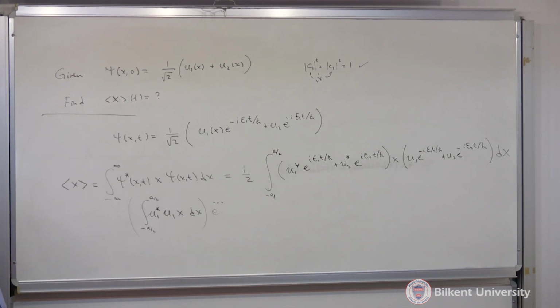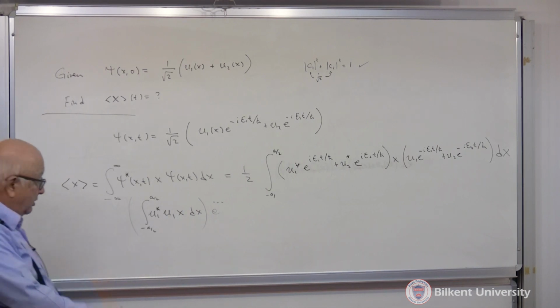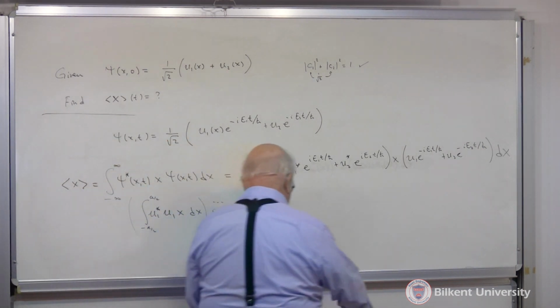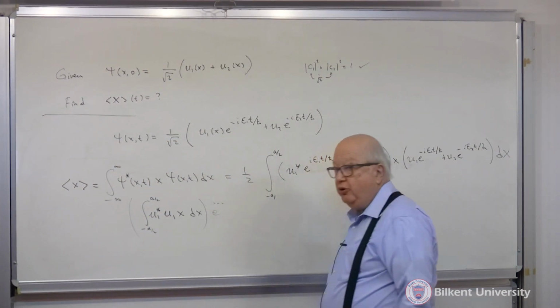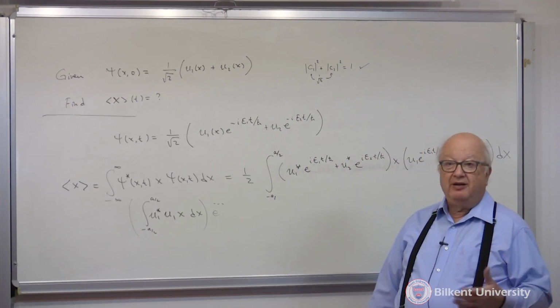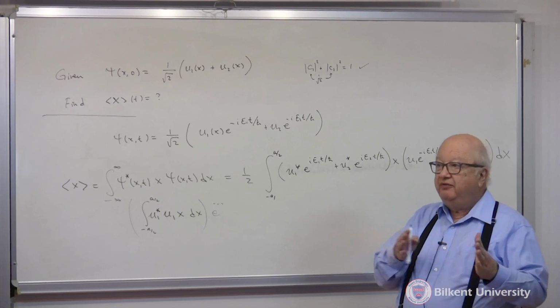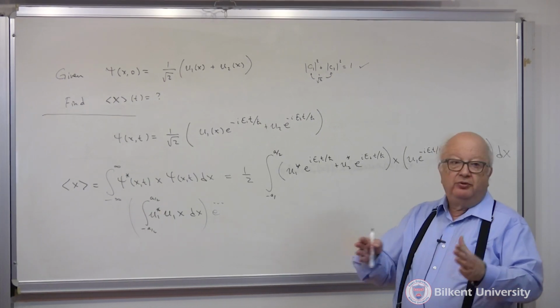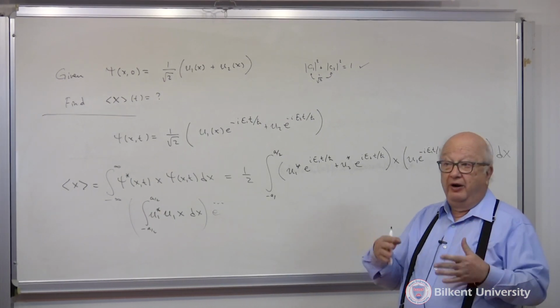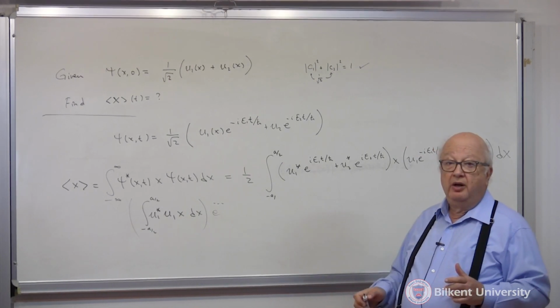Expectation of x for the first state. It's 0, right? Because I have chosen my origin to be at 0, which makes my life a little easier. So we can shift our x-axis to a place which is more convenient for our algebra.